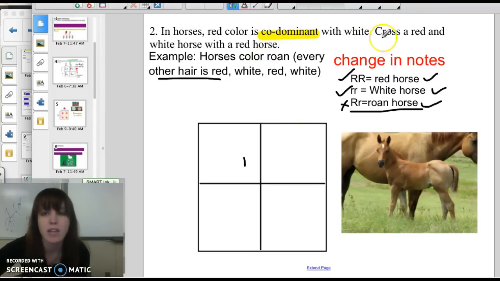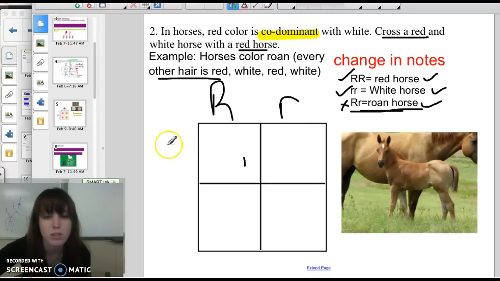So we have a red and white horse, and we're crossing it with a red horse. So a red and white horse is that roan horse. So that is that individual. That's the red and white horse. And then a red horse is going to be big R, okay, according to the genotype.